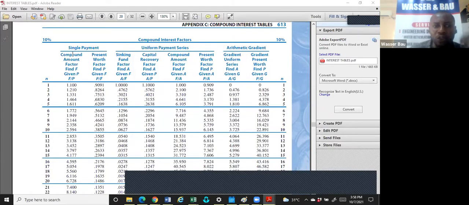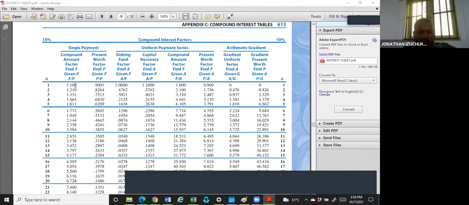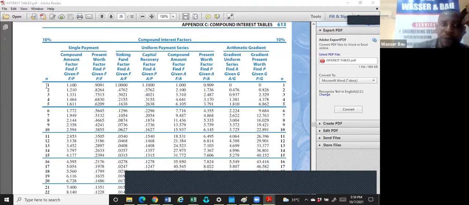Since I'm looking for the future value and I have been given the present value, this says find F, given P. I was given P, I'm looking for F, and for the first year it says 1.1. So if I multiply the present value by 1.1, I will get the 11 million.